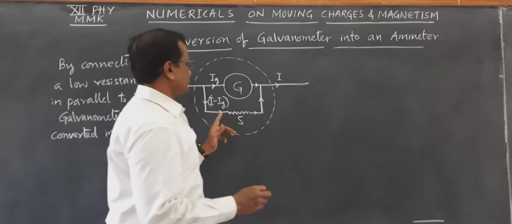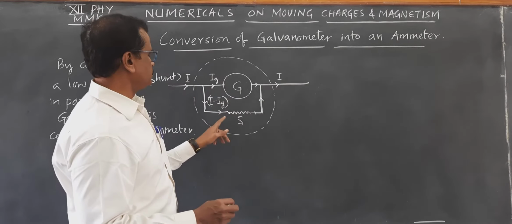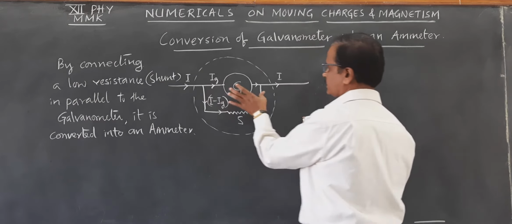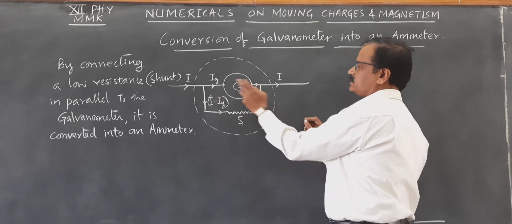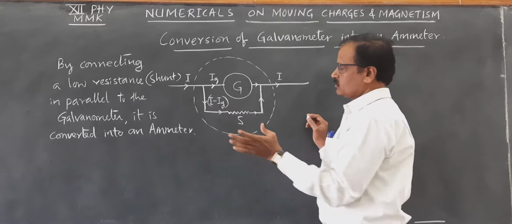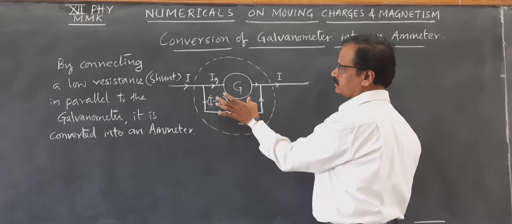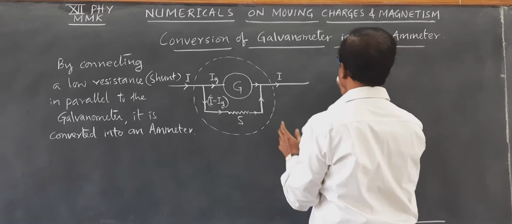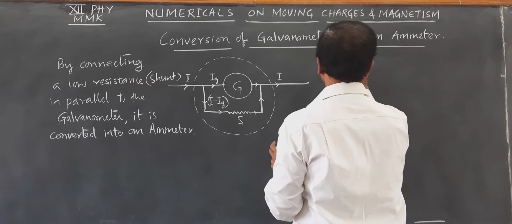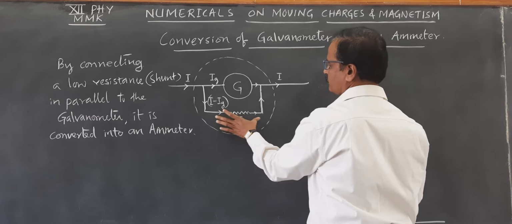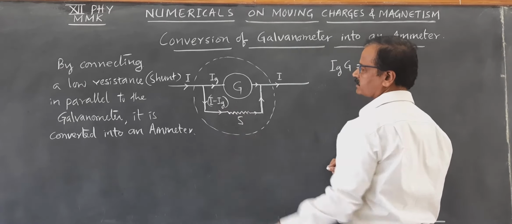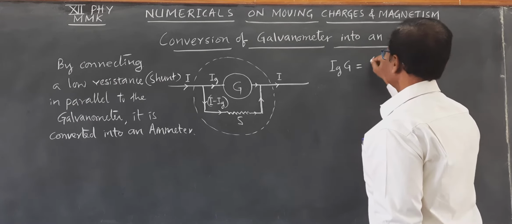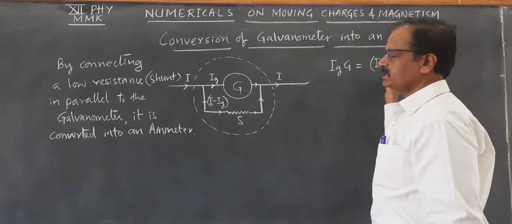When you look at this terminal, IgG is equal to (I minus Ig) into S. The potential difference across the ends of this galvanometer remains the same because a low resistance is connected in parallel. So the potential difference across these two terminals is IgG. IgG should be equal to the potential difference across this, because this is connected in parallel, (I minus Ig) into S, where G and S are the resistances.